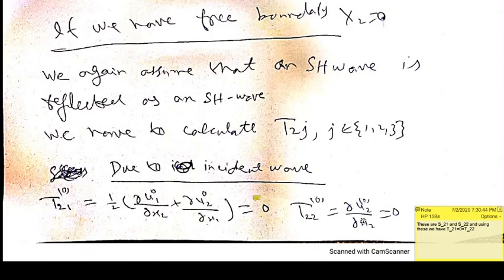You have seen that there is no x3 in u3, so u3 is independent of x3. So the derivative of u3 with respect to x3 is 0. This is how T22 will be equal to 0.